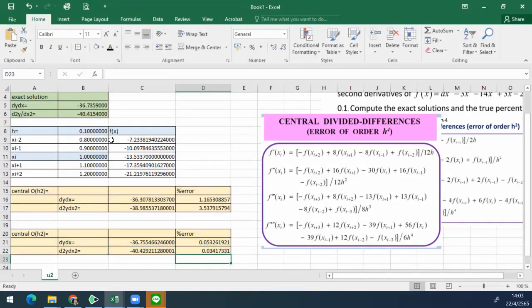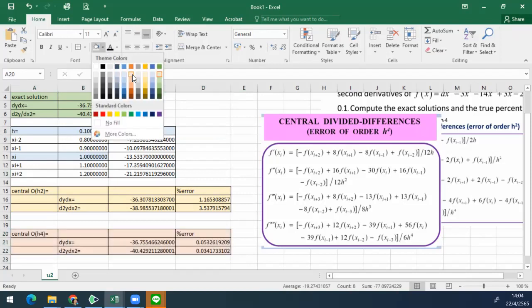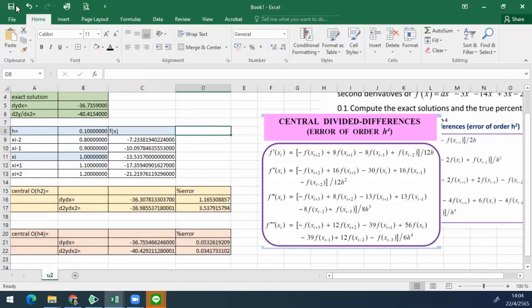Okay, so then you see that for this problem with h equal to 0.1, if we use the formula of O(h squared), the error is around 1.16% for the first derivative and 3% for the second derivative. But if we increase the accuracy by using a more accurate formula, we found that the solution is better.